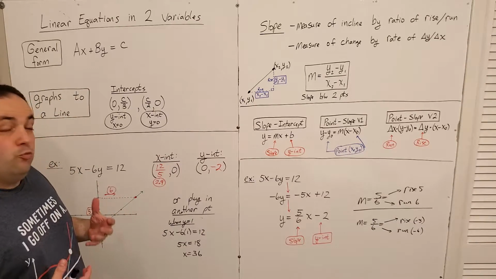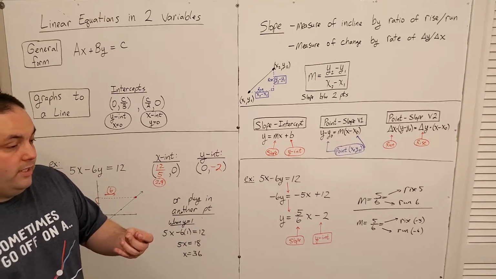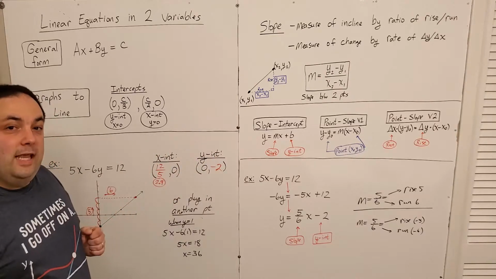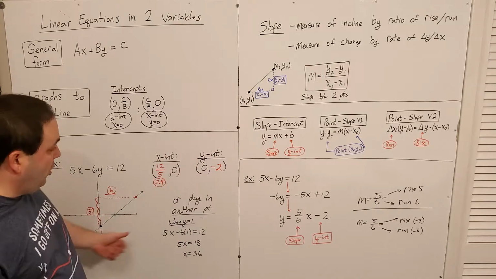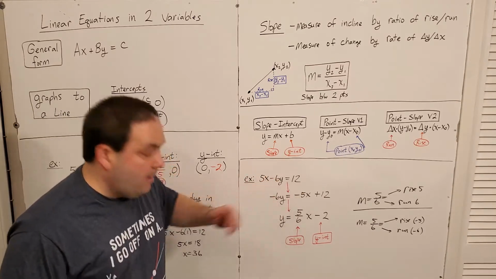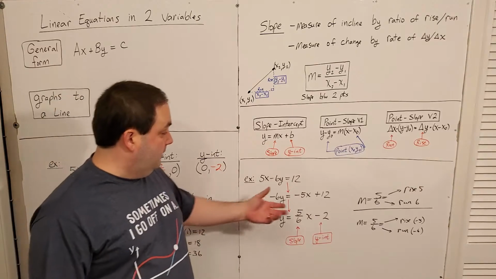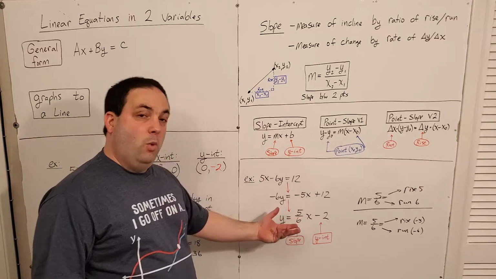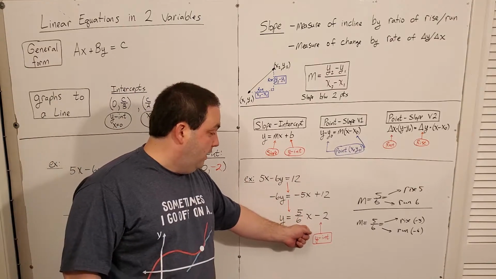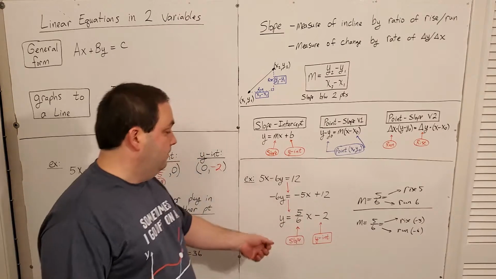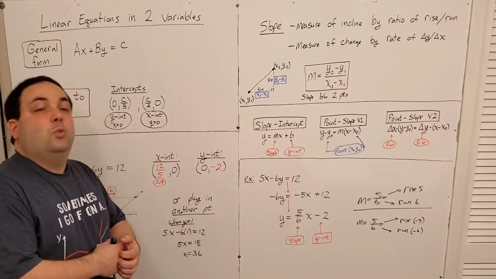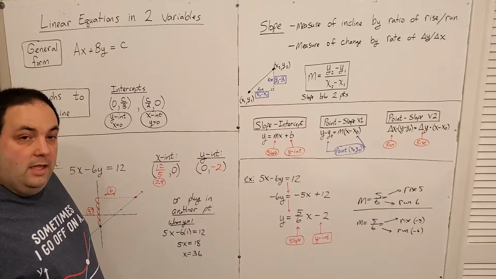It's a roadmap from one point to another point on the same line, if you will, right? So I have a starting point and I've got a map to another point for any line, actually. So sometimes this can be a more efficient way of graphing, especially if it's already in slope-intercept form and you don't have to convert. That's a very efficient way to graph one of these lines.